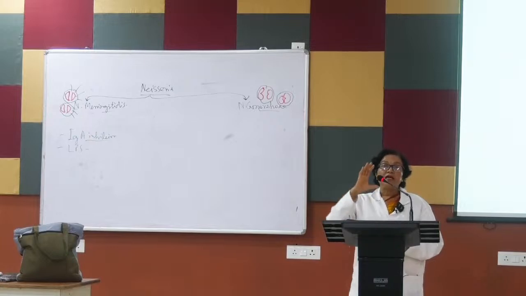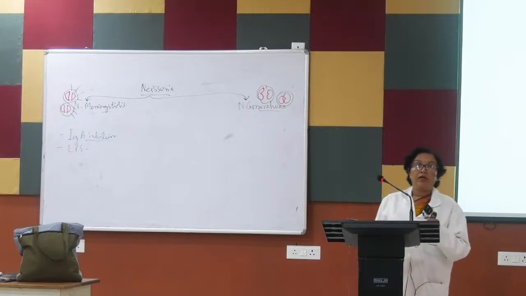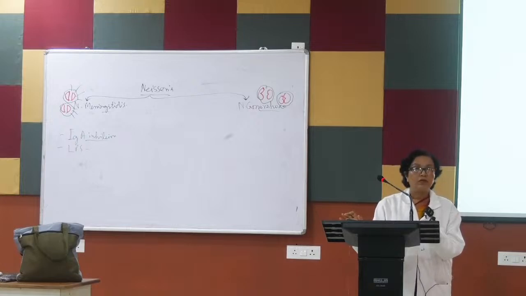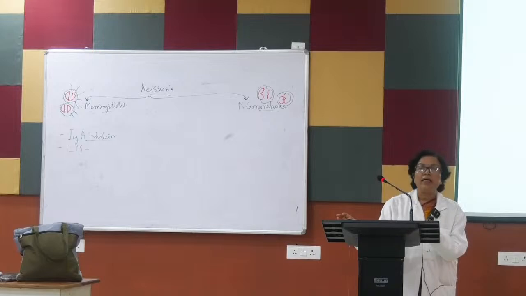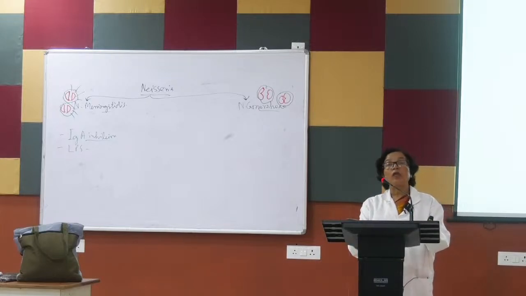At different ages, different types of organisms are responsible for meningitis. In newborn or infant, the causative agents for meningitis are, can anyone tell? Streptococcus agalactiae, you have heard it. Then Streptococcus pneumoniae, Listeria, E. coli.